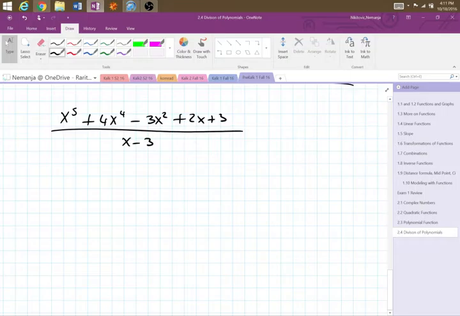So how about you just set it up? I'll walk around just to take a look at the setup. I want you to set up the synthetic division. Don't solve it yet.